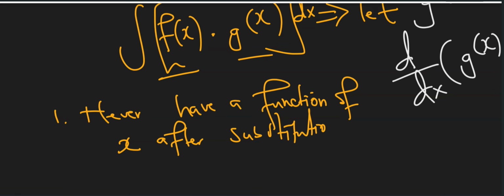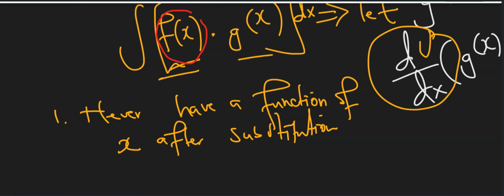Once you replace, for instance, u as this one, you replace du over dx, that is, differentiate that. When you do the replacement, always ensure that you do not have anything that is a function of x in the integral. So without much ado, let me just screenshot this.